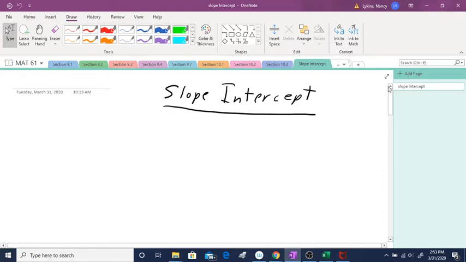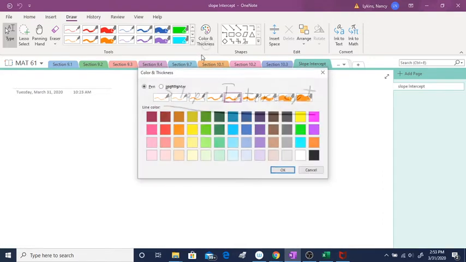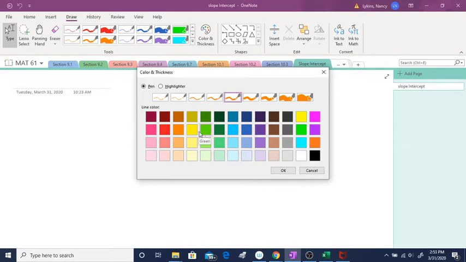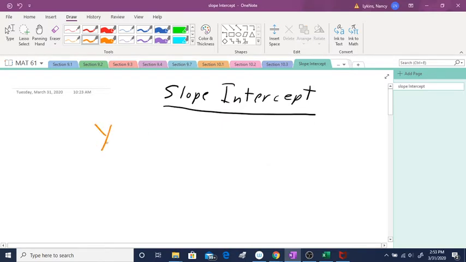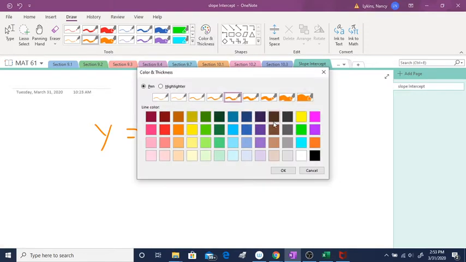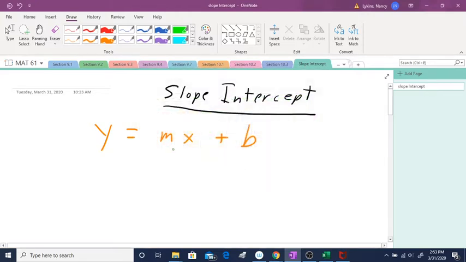Okay, so let's recall if we can remember what slope-intercept form looks like. Now, most people will say that it is y equals mx plus b. Now, slope is going to be the m in our equation.